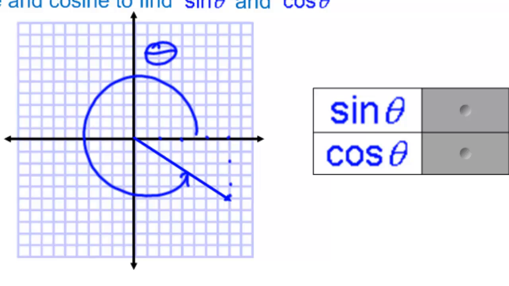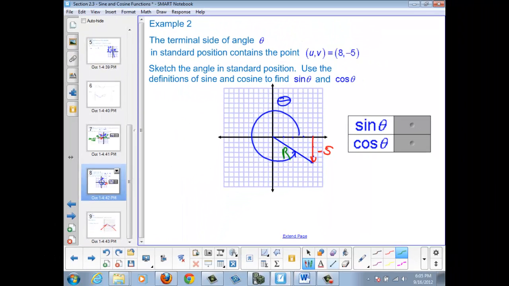The sine of theta would be the vertical distance, which is negative 5, over r. To calculate r, we're going to have to use the Pythagorean Theorem.